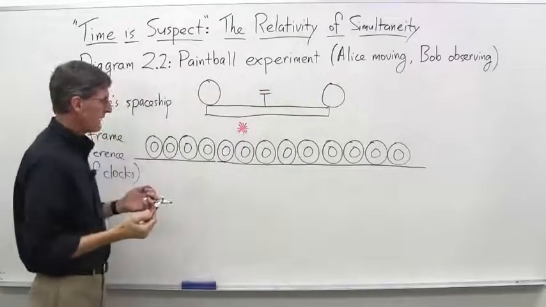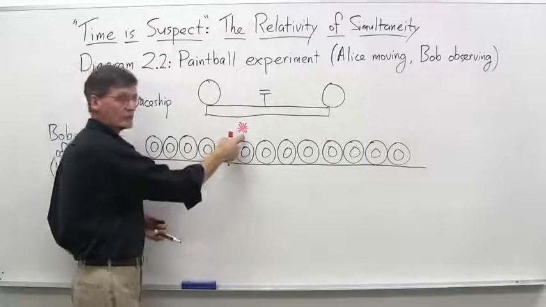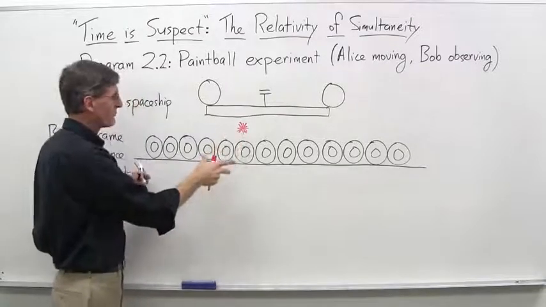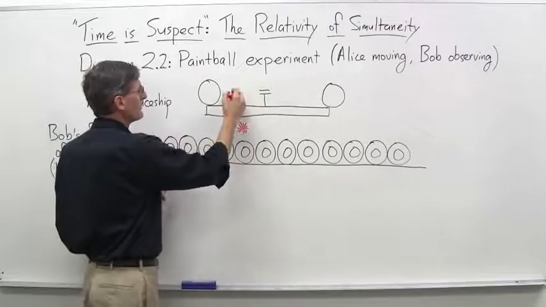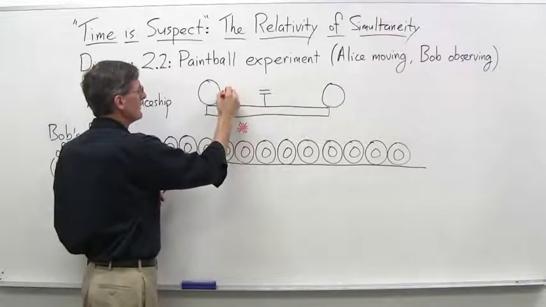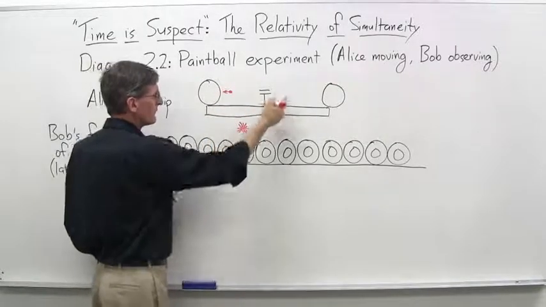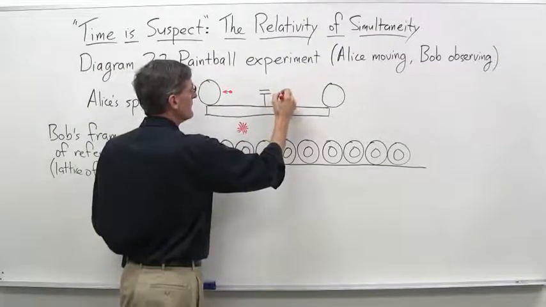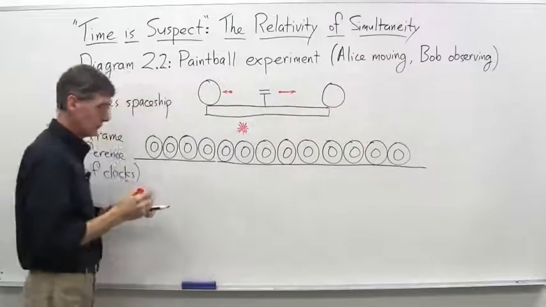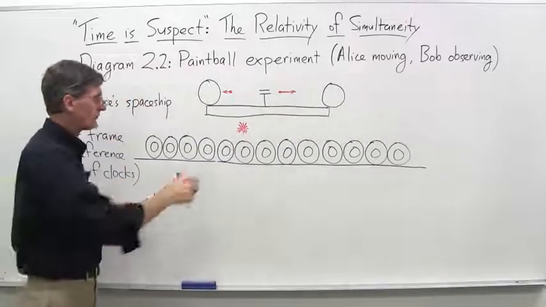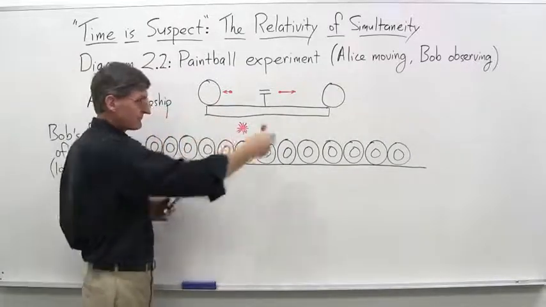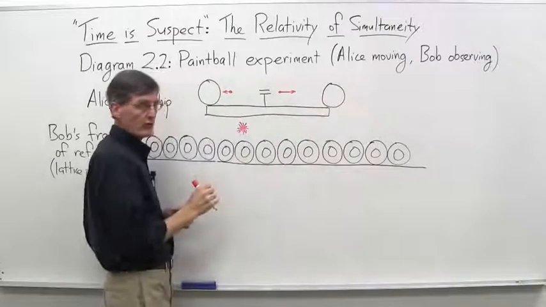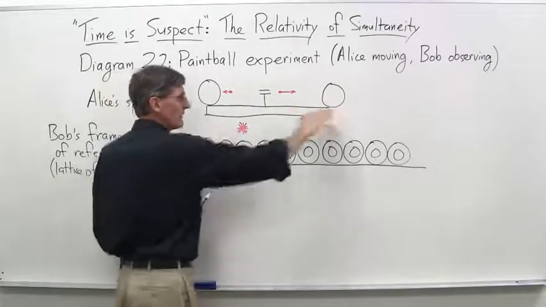And the actual paintballs, remember, this is the position they were shot at. So if we're observing from Bob's perspective, this paintball is going to be traveling that way. And this paintball over here is going to be also traveling that way, someplace in between. Once the paintballs leave that apparatus, this end, of course, of Alice's spaceship is traveling away from it.